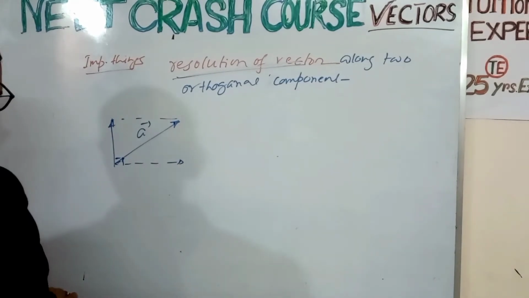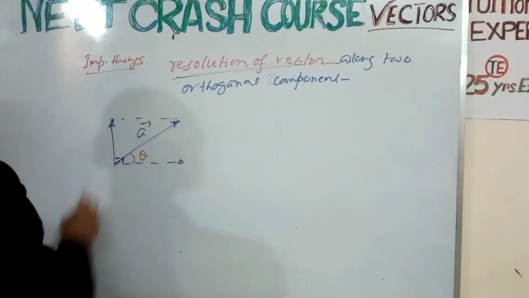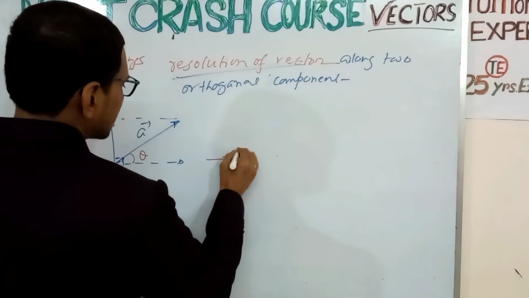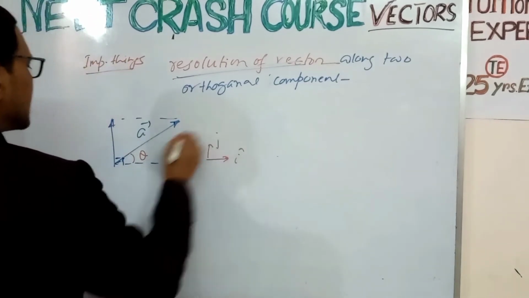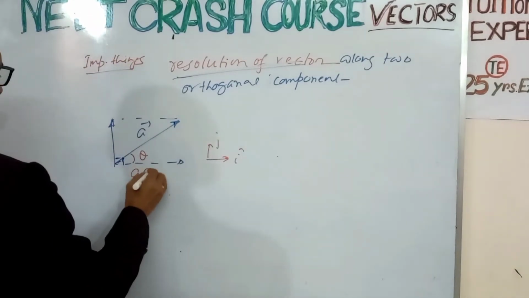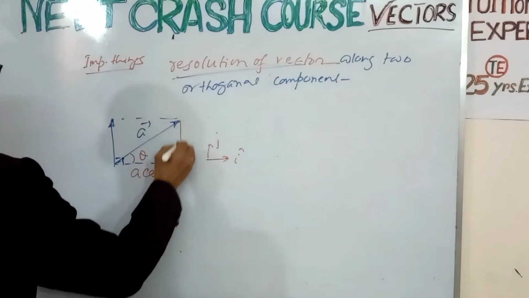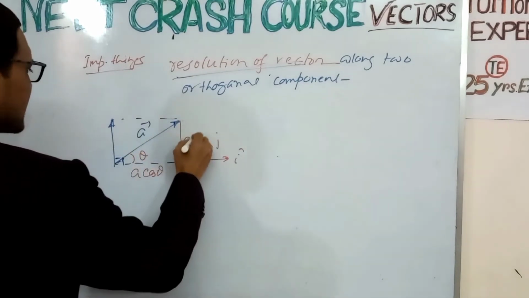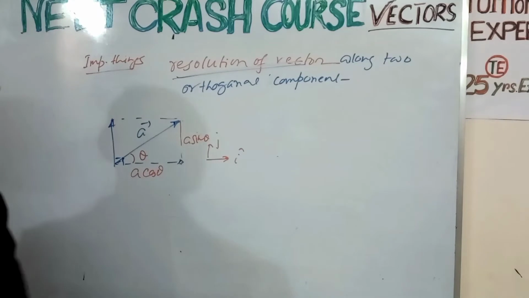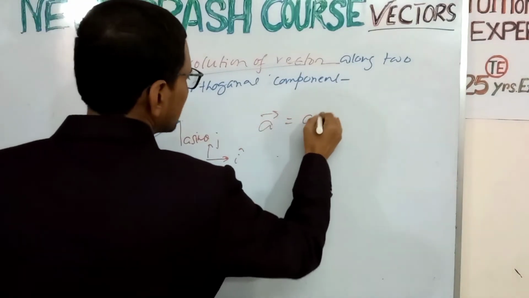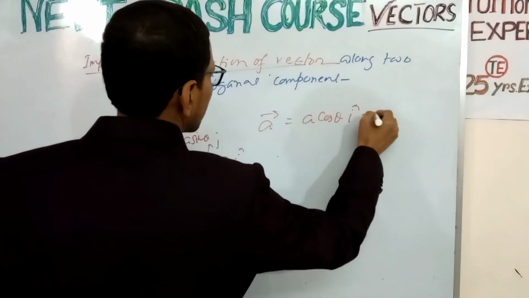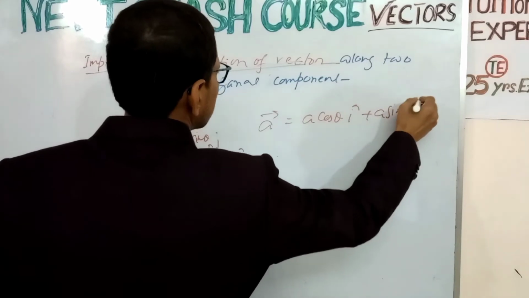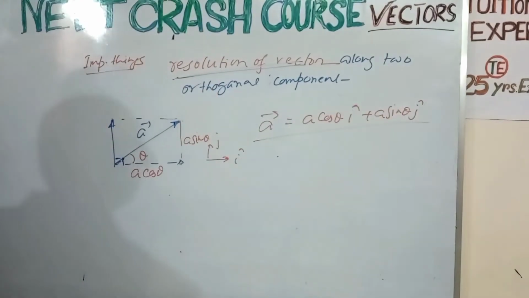Now if this angle is theta, and this side is along I and this is J, so we get A cos theta and this is A sin theta. So we can write A equal to A cos theta I plus A sin theta J. This is the resolution of the vector.